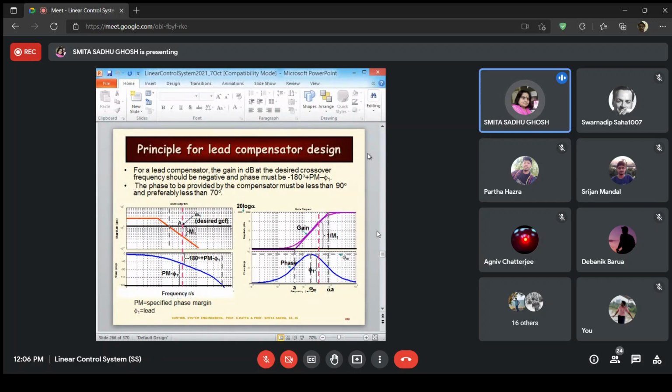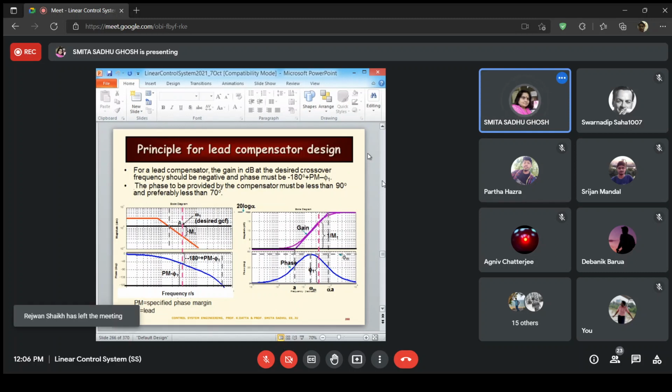You would recollect that in the last class, I had discussed a lead compensator and a lag compensator. We had seen how to, I would not use the word design, but how to find out the parameters of the respective compensator.